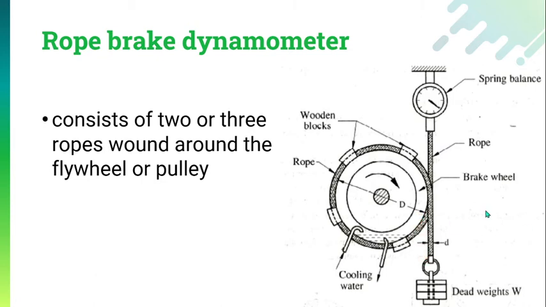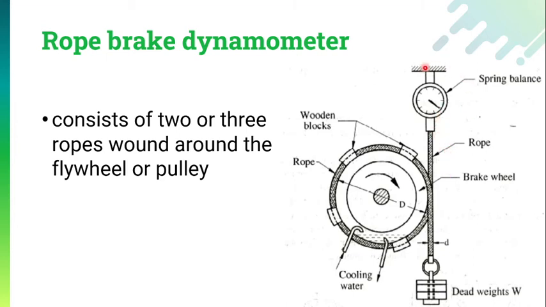With the ropes, you can observe that the upper end of this particular rope is attached with the spring balance, from where I will be measuring the value of the force acting in the upward direction.